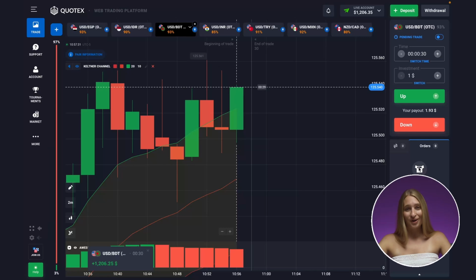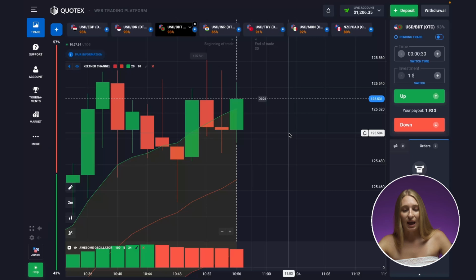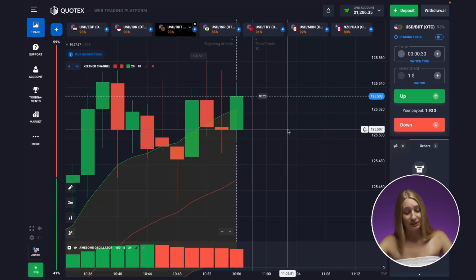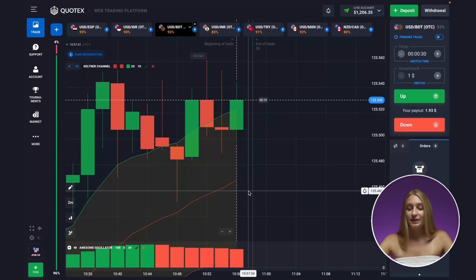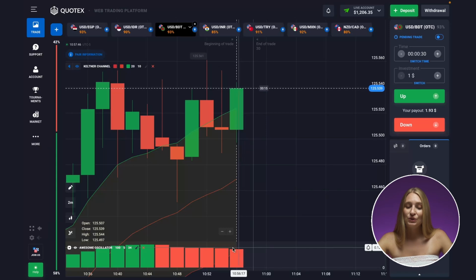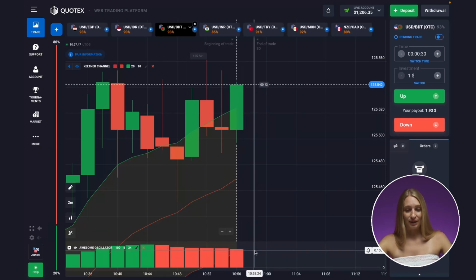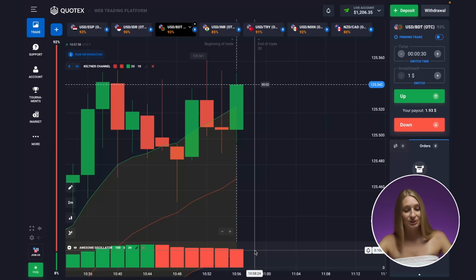And it's my first $1,000 in my pocket already. As I mentioned to you before, the Awesome Oscillator is showing us really cool signals with these bars that are above the level of 0. You see there is no reverse situation right now, and if we consider the signals from the Keltner channel indicator, we can be 90% sure that we need to go up right here.